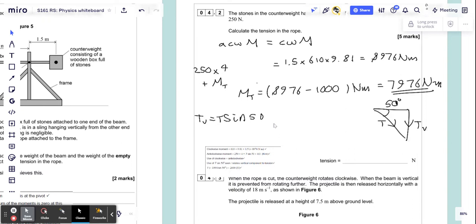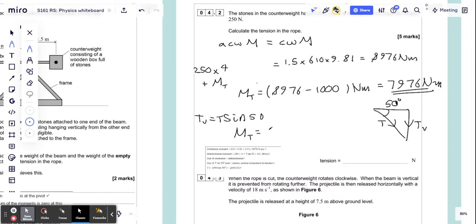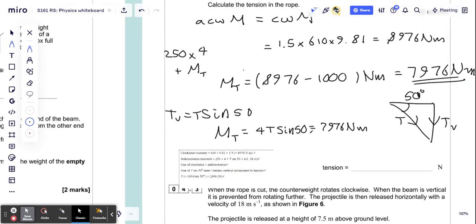So the moment due to the tension is equal to the distance multiplied by the vertical component of the force. So 4 is the distance, and the vertical component is T sine 50, and that's equal to 7,976 Newton meters.